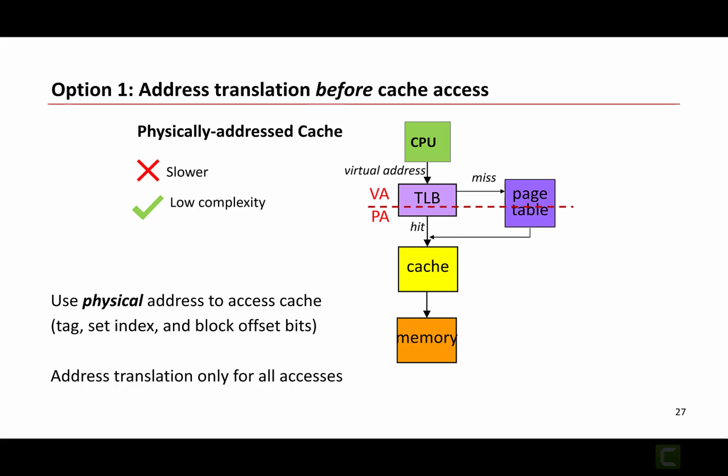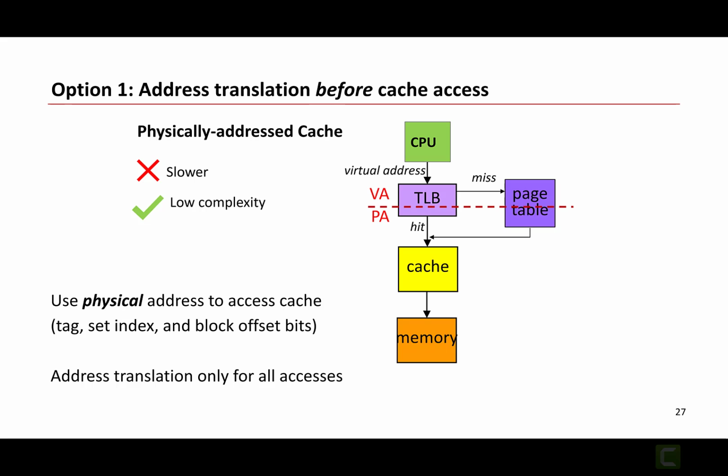So, the main thing to understand here is you take the virtual address, do the address translation, and use the physical address to access the cache. And if it's a cache miss, you go to the main memory and you bring the cache block into the cache. Now here's an important thing.